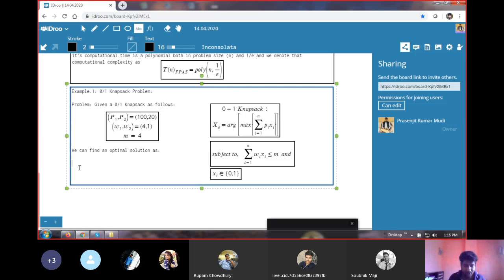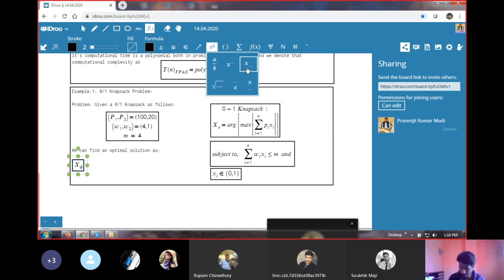That means the optimal solution is given by x0 equal to 1 comma 0. This is the optimal solution.